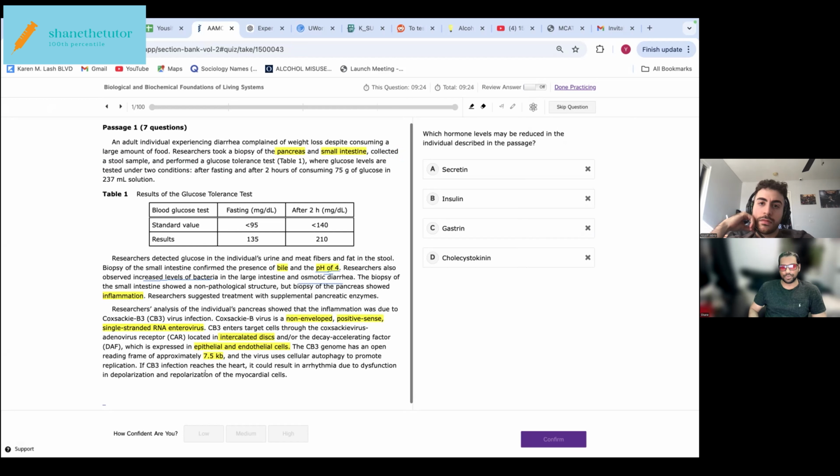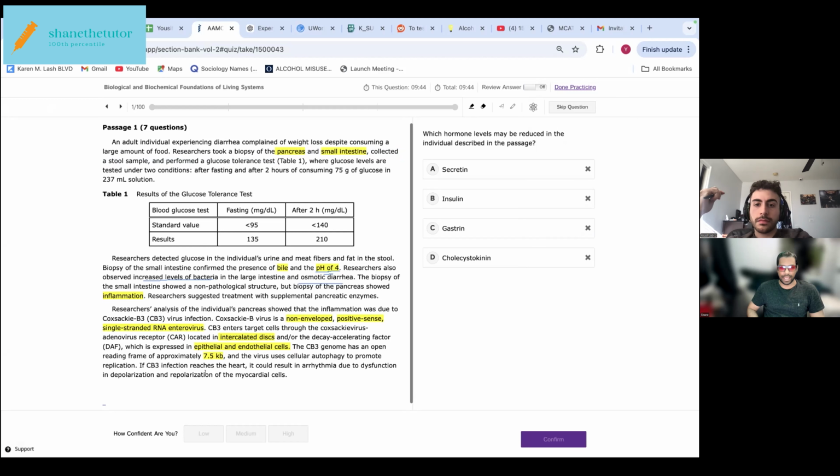So right away, we see that a person who's experiencing diarrhea has weight loss despite eating a lot of food. And they did a biopsy of his pancreas and small intestine.